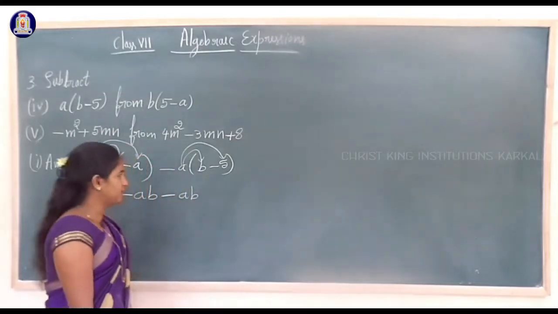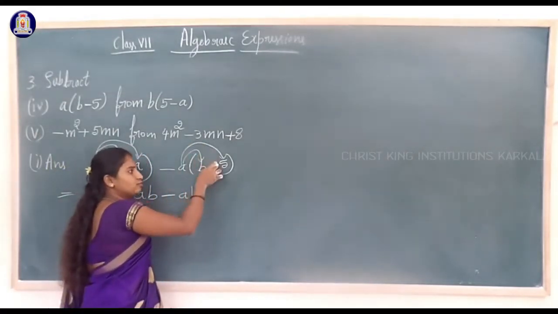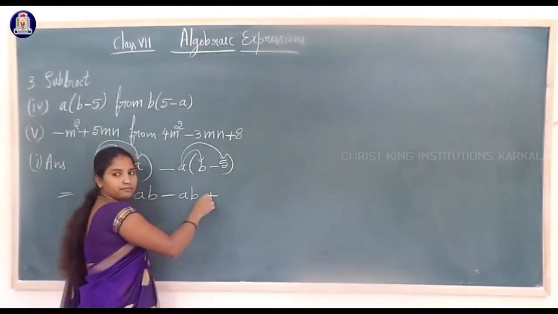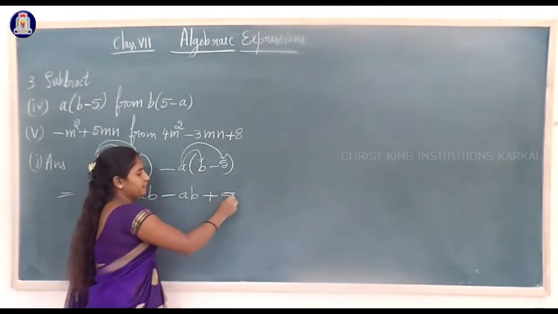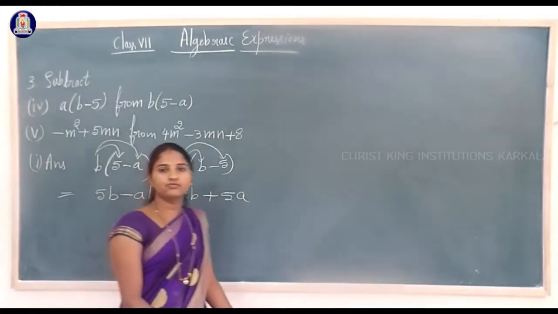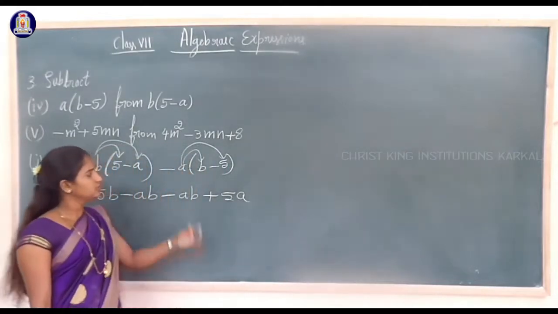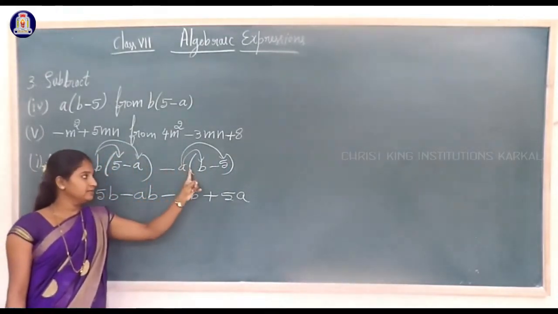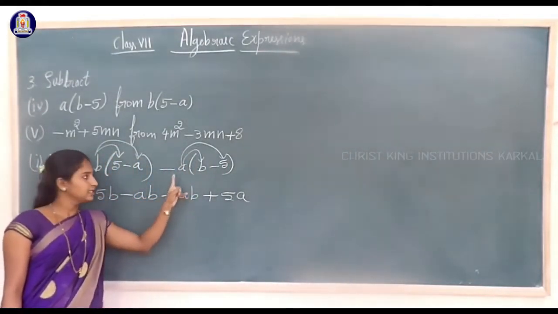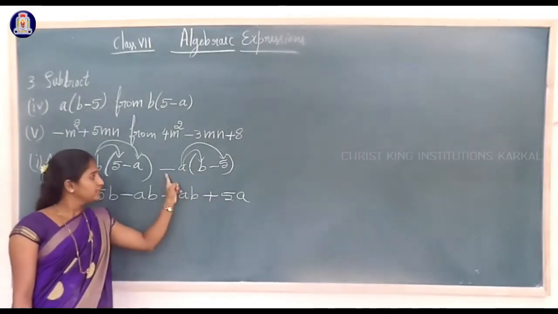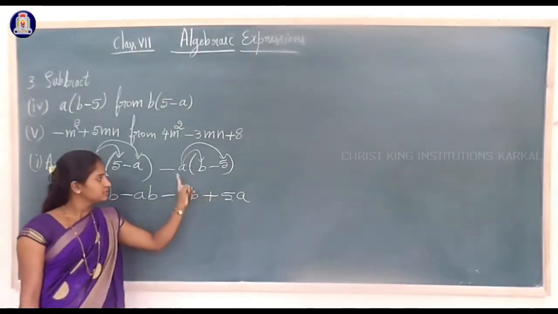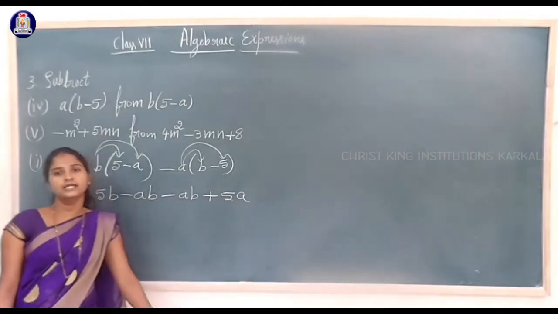So first multiply the sign, minus into minus, plus. A into 5, 5a. Clear? So first multiply the sign, plus into minus, minus. A into b, ab. Minus into minus, plus. A into 5, 5a.